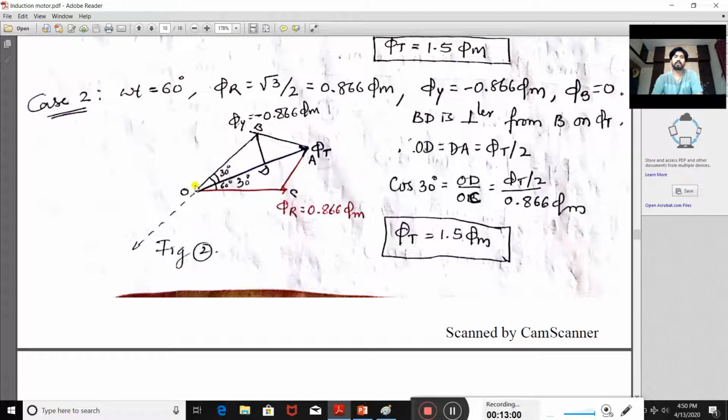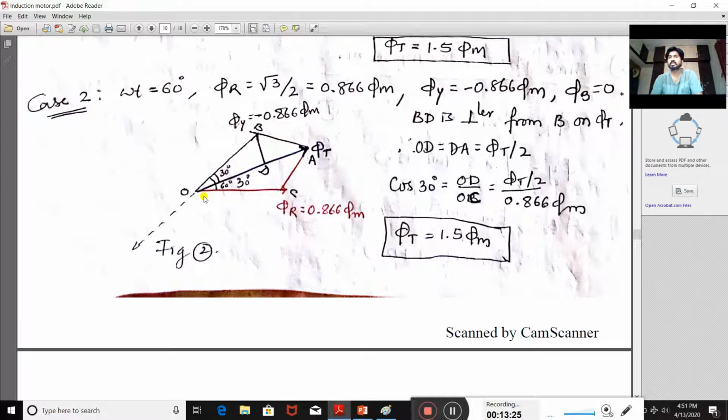For 240 degree you get the resultant flux in this direction, and for 300 degree in this direction, and finally for 360 degree you get again the upward direction. That means for one complete revolution, as the time is changing, the flux direction is also changing, and this is what we call the magnetic field being rotating in nature.